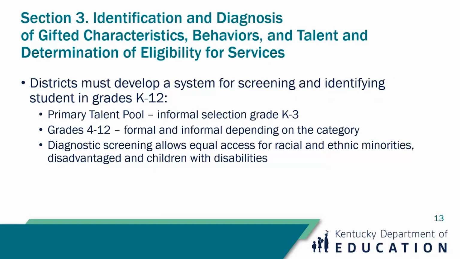Section 3 is one of the longer sections in the regulation, and it is about screening and identifying students in grades K through 12 for the gifted program.